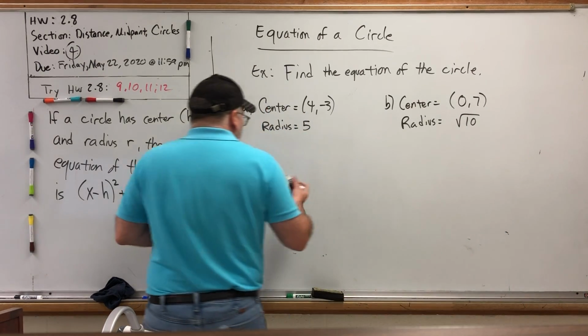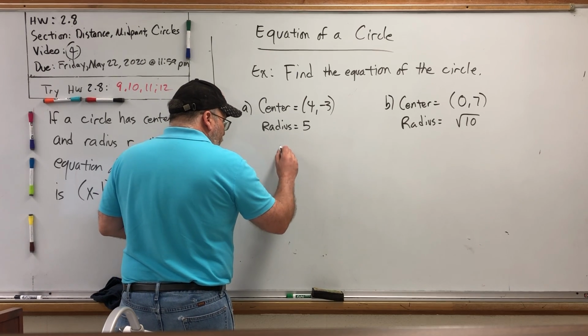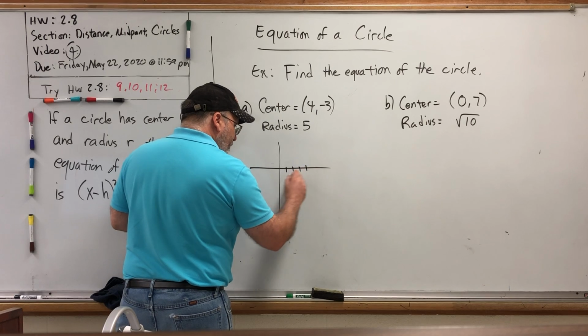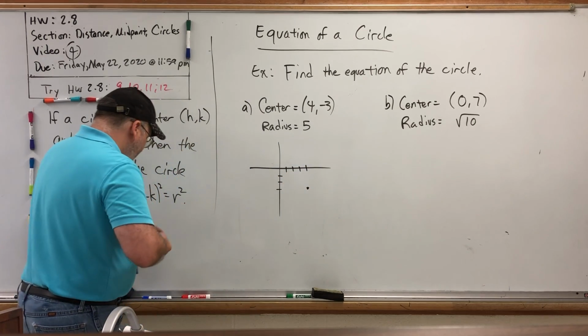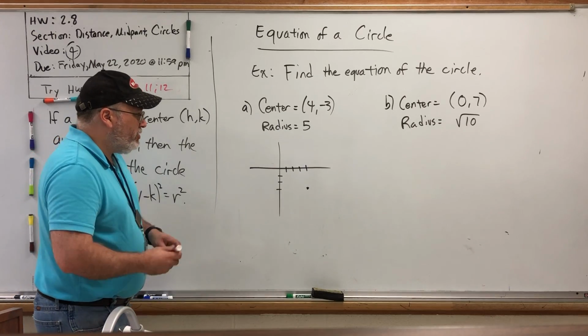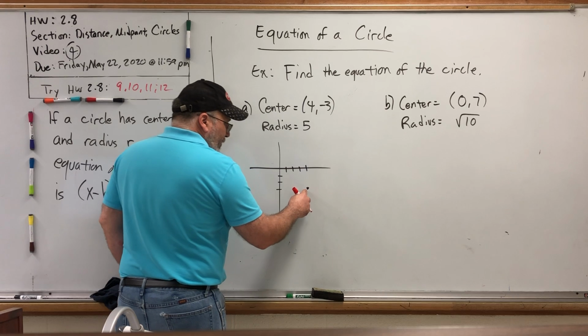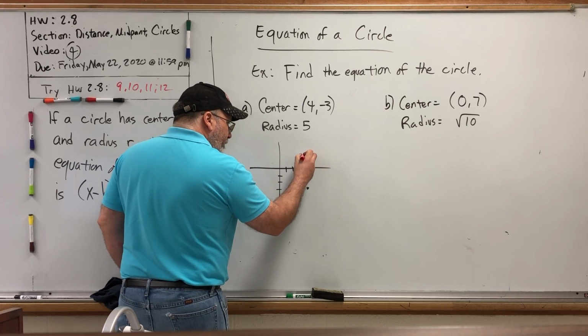Now it's not necessary, but we could sketch the circle pretty easily. All we would have to do is locate the center, which is at (4, -3), right about here. And then use the radius to go up, down, left, and right. If we went up 5, we would have to go up 3 and then 2 more.